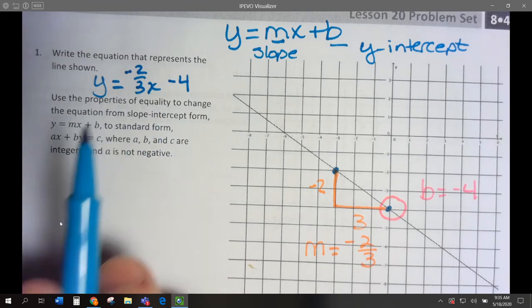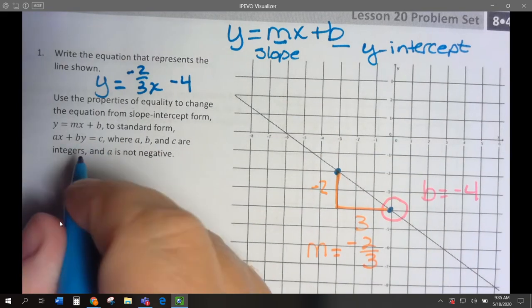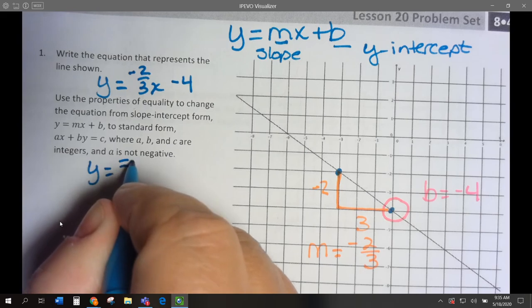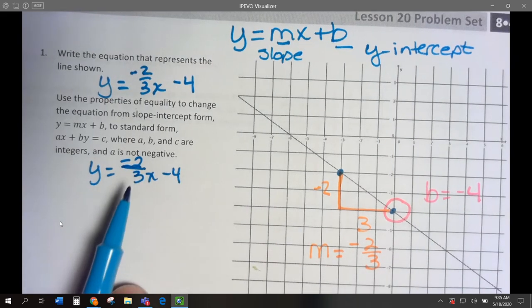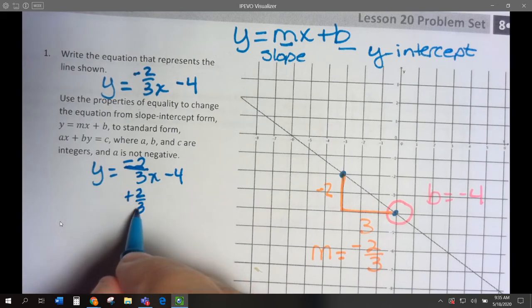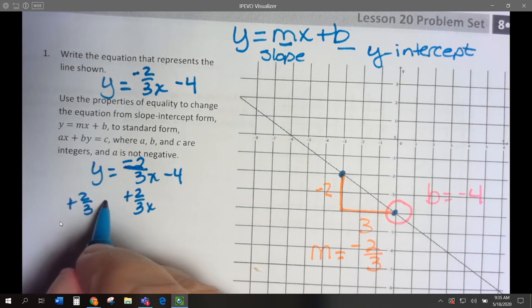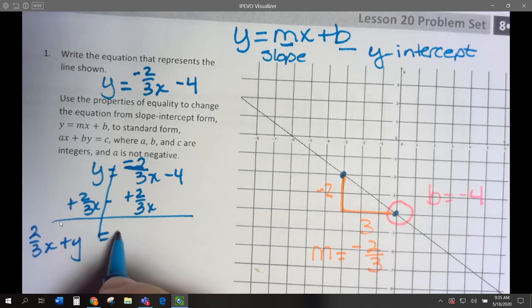In order to get it into standard form, we have to move the x to be over with the y. So we have y equals a negative 2/3 x minus 4. This is a -2/3, so I'm going to add 2/3 x to both sides. So I'm going to get 2/3 x plus y equals -4.